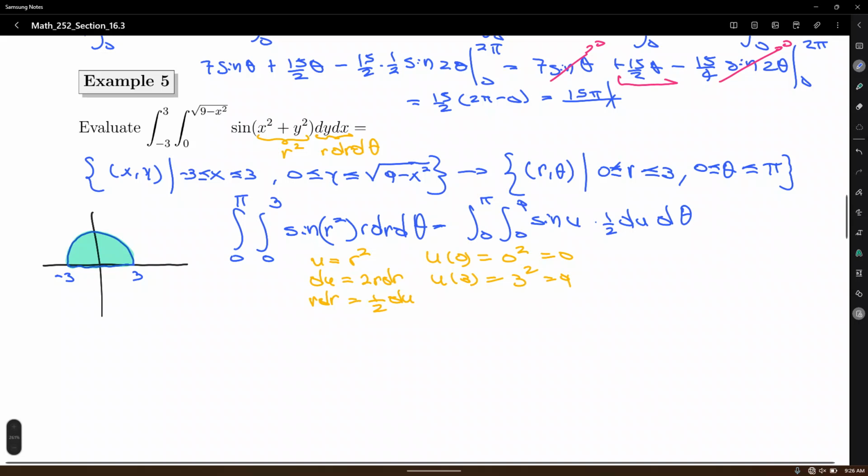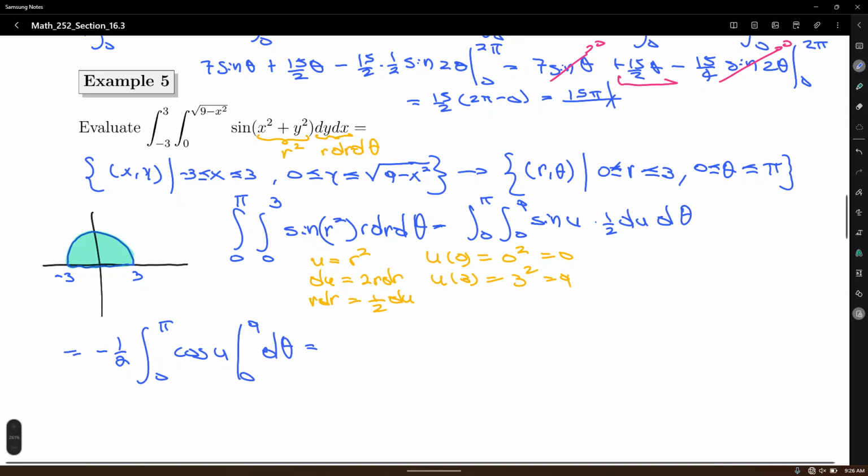Let me just integrate this. So this will be, careful, negative 1/2 outside, from 0 to pi, and the integral of sine u is cosine u, from 0 to 9 d theta.